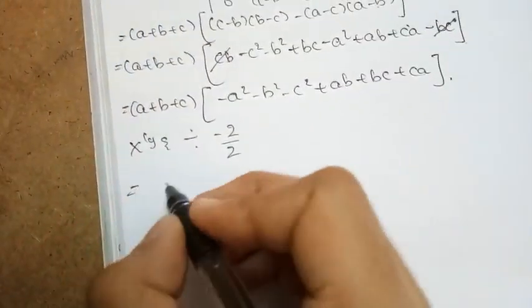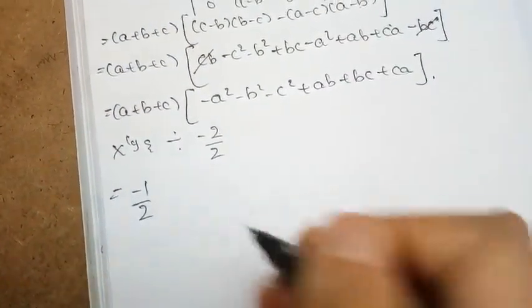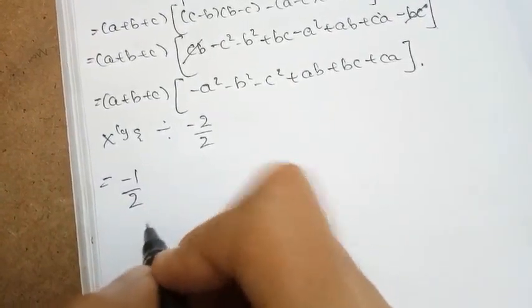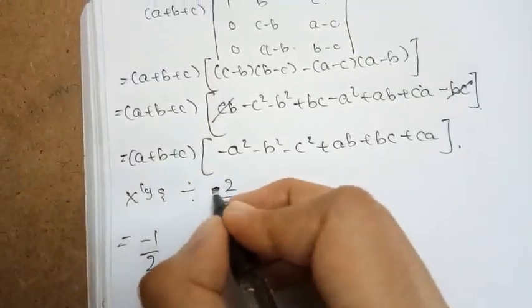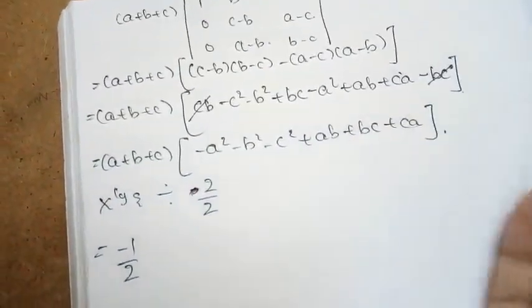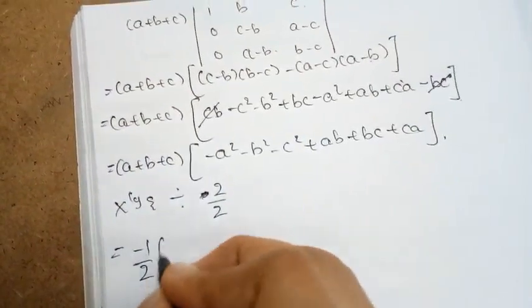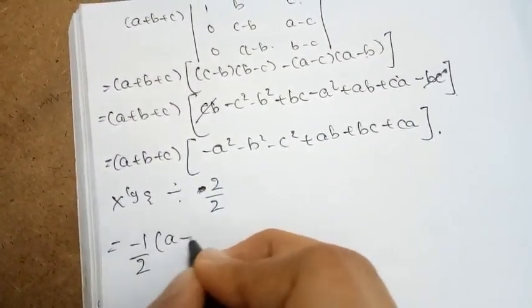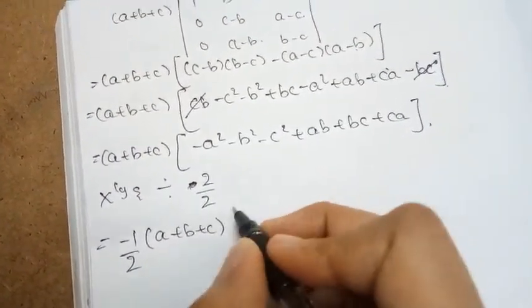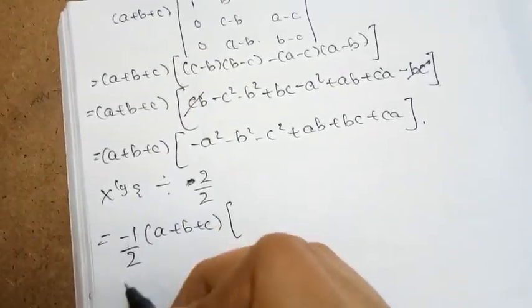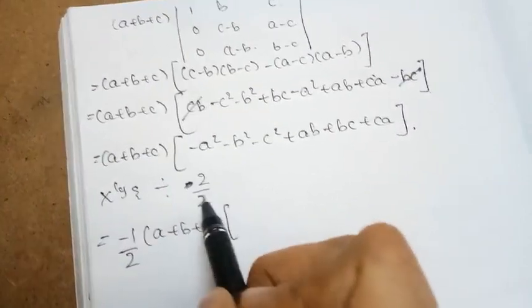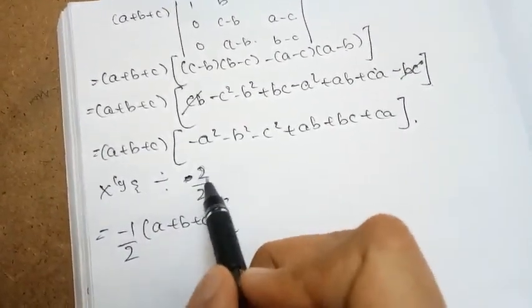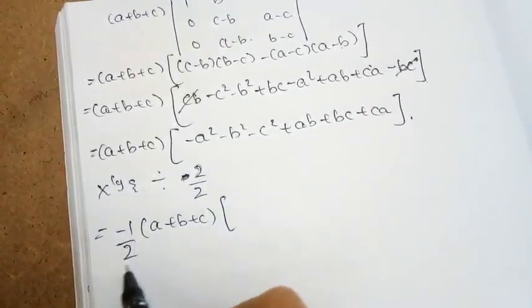So you can see, minus 1 by 2 I will keep outside. After keeping 1 by 2 outside, from this one I am taking minus common, so that it becomes minus 1 by 2. So a plus b plus c into, where minus 1 by 2 is outside, with minus taken common from this expression, and from multiplying and dividing by 2, the denominator 2 is outside.